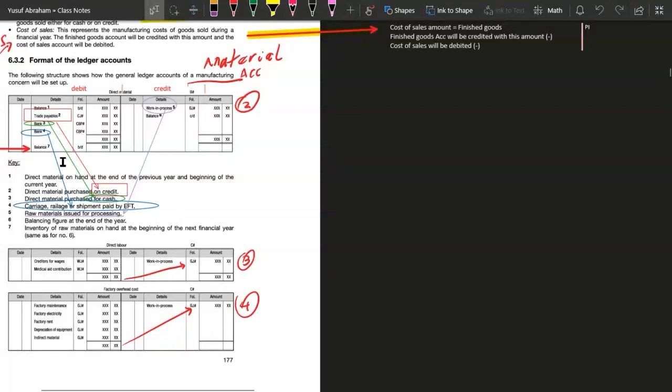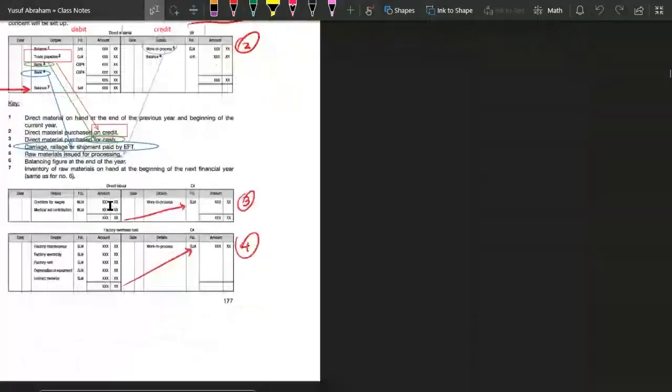We need to balance to see which one will go to the actual production, right? Balance 6 and 7, these two are exactly the same amount. But you will understand it when we take an example.